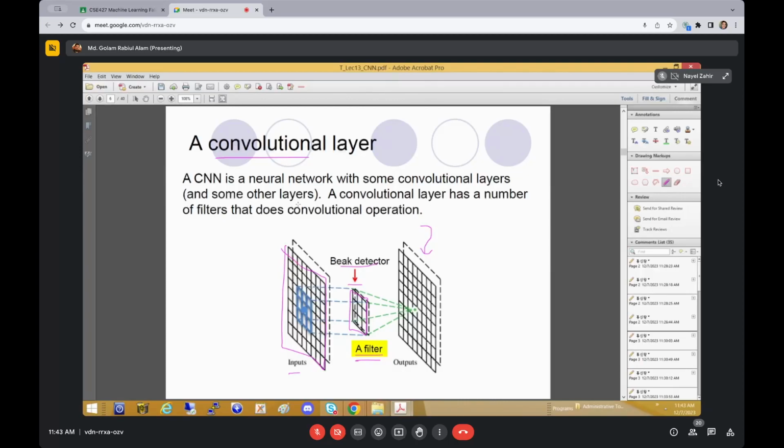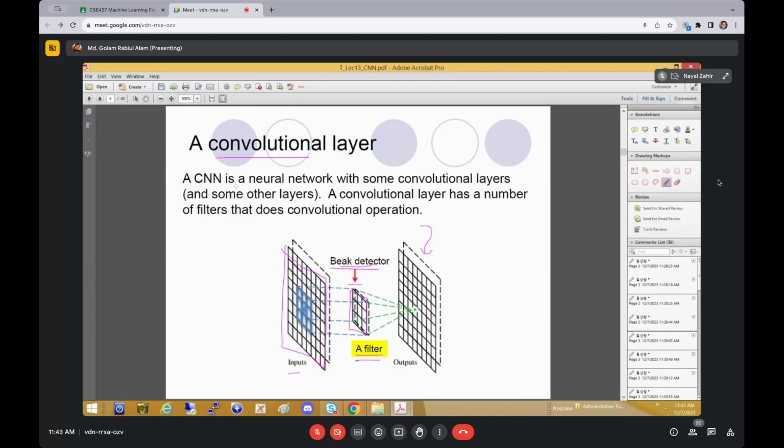That means if we divide these images into several patches of the same size as the beak detector, then for each and every patch and the filter, we have to apply convolution. The output of the convolution will be the feature. So that's what we want to do here.